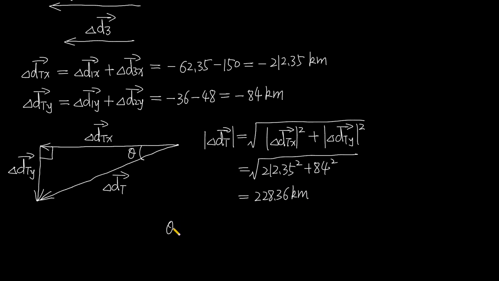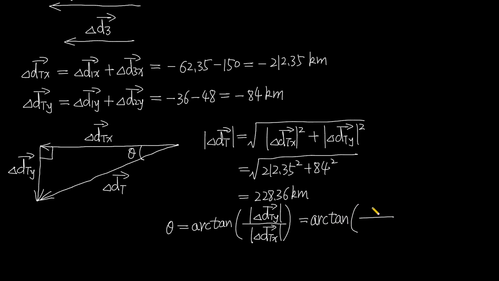And the angle theta equals arc tangent the magnitude of delta DTy over the magnitude of delta DTx, and equals arc tan 84 over 212.35, and this equals 21.58 degree.